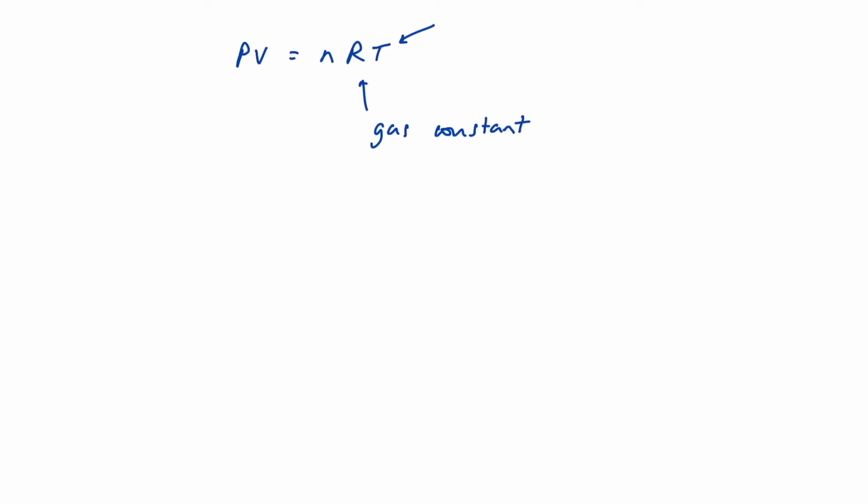So using this expression, the pressure of NO2 in our system at equilibrium times the volume is equal to the number of moles of NO2 multiplied by RT. And the pressure of N2O4 in our system times the volume is equal to the number of moles of N2O4 multiplied by RT.